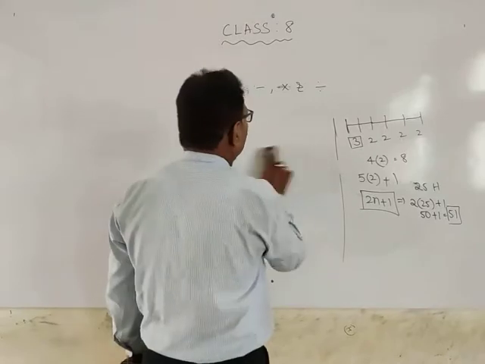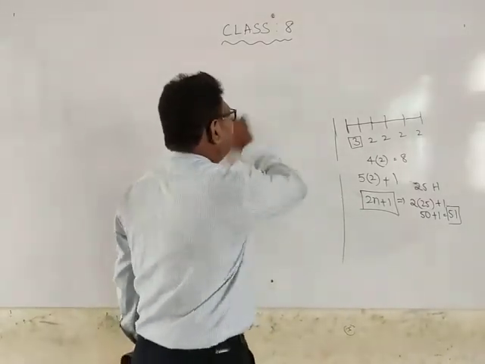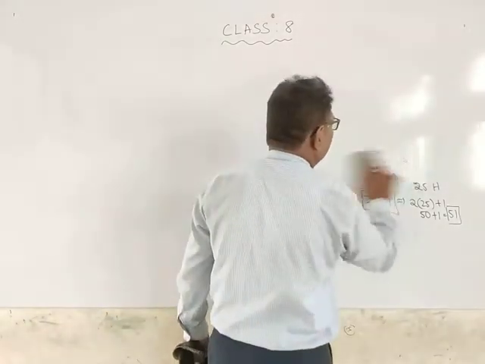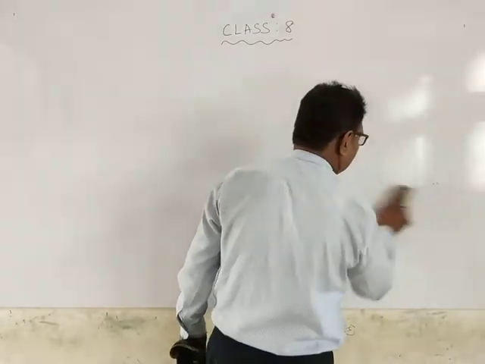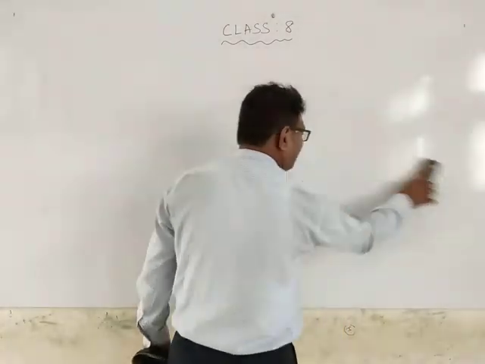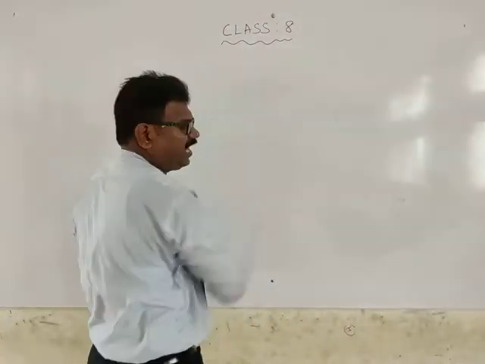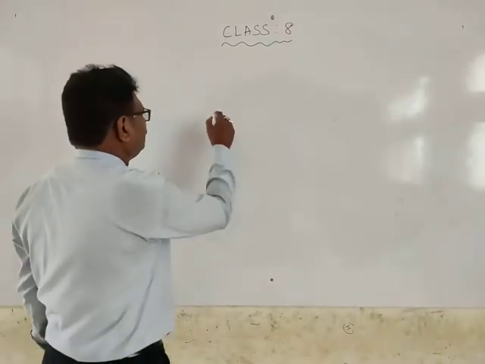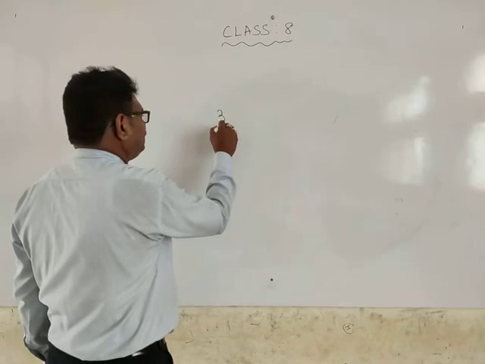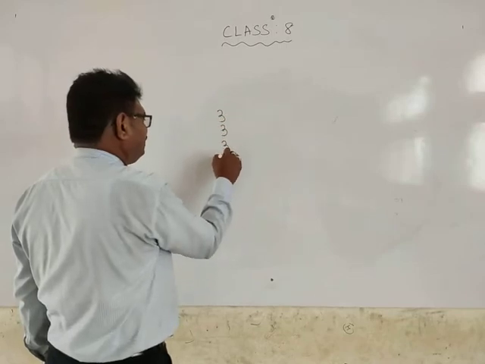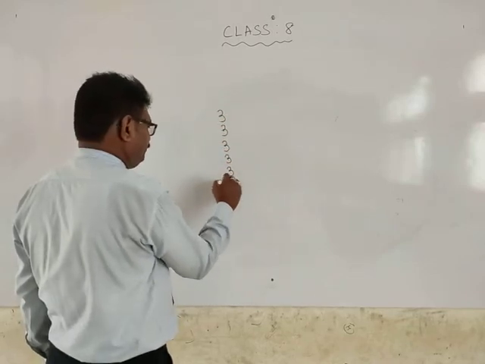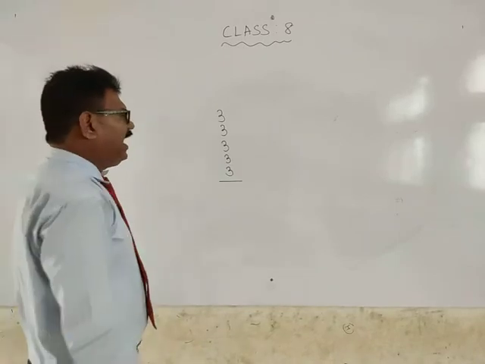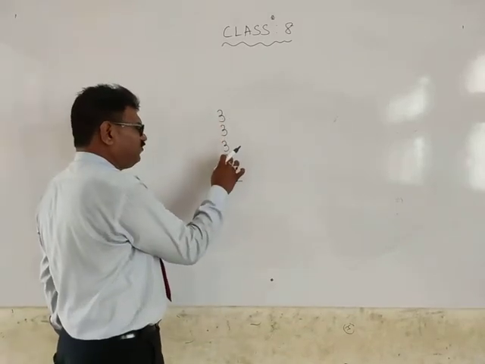Yes, and we know that multiplication is nothing but repeated addition. How repeated addition? You see now, for example, 3, 3, 3, 3, 3. You add 1, 2, 3, 4, 5.